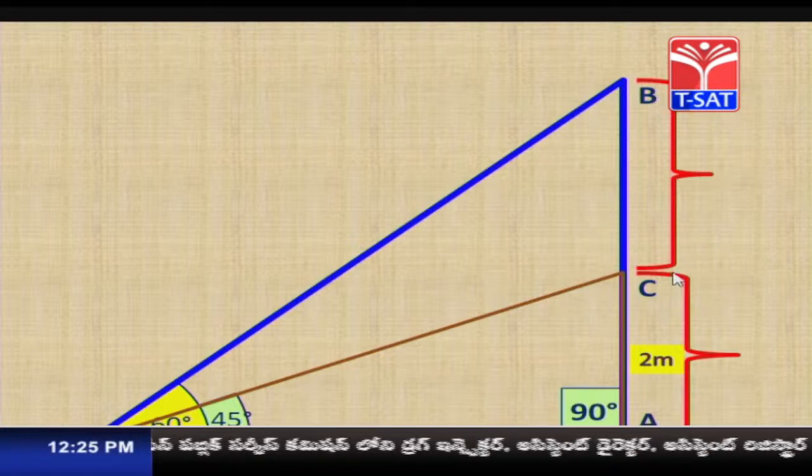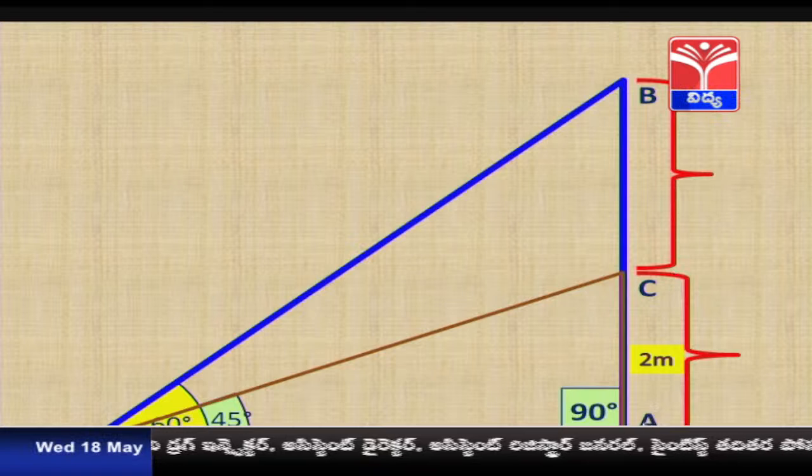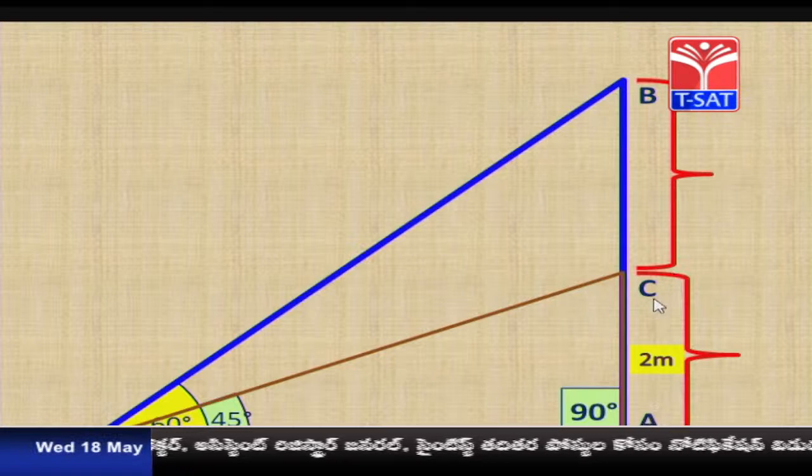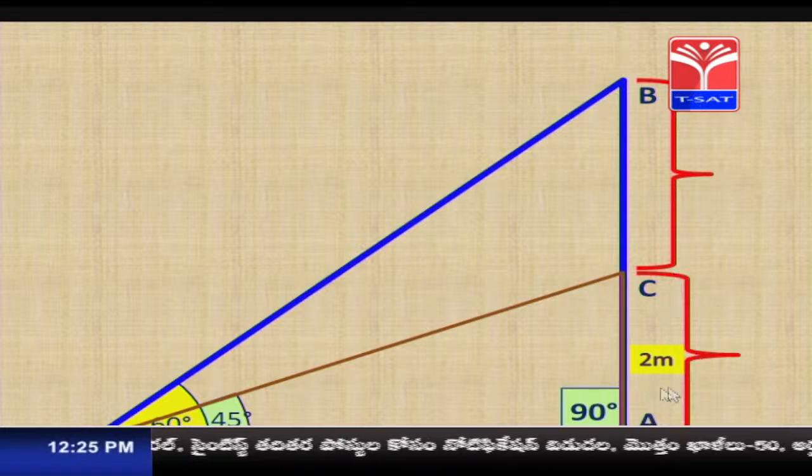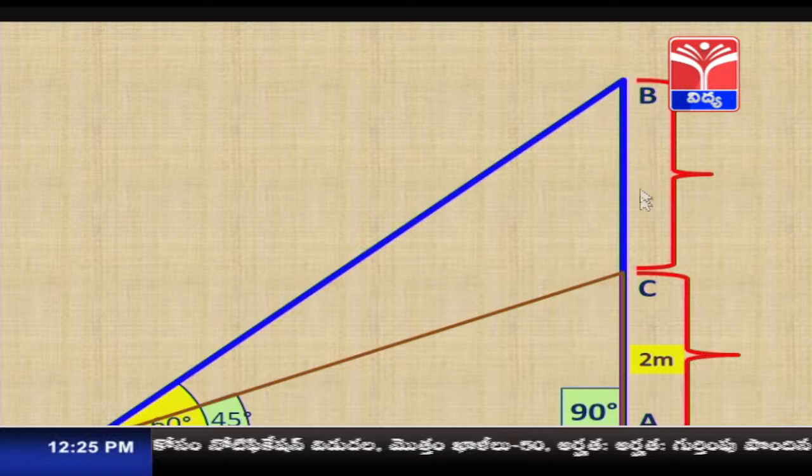BC is the height of the statue, whereas AC is the height of the pedestal, that is already given as 2 meters, right. So, I have to find out BC.